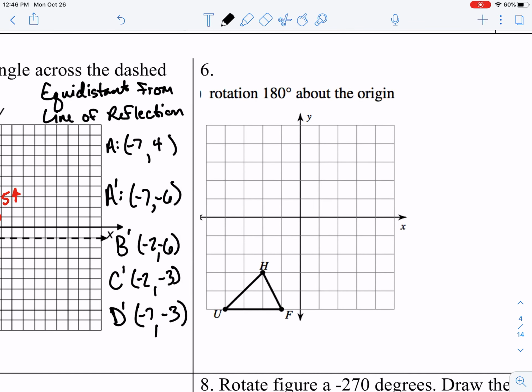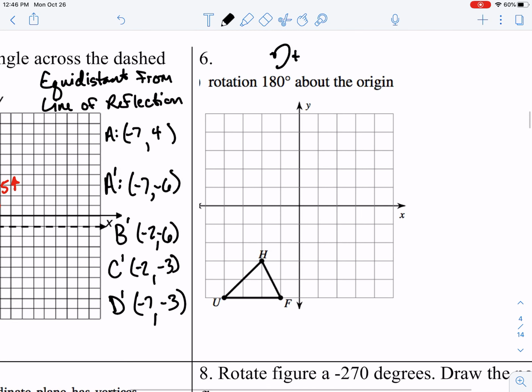This one, we're going to rotate 180 degrees about the origin. If it doesn't tell you the direction, so counterclockwise, clockwise, you need to look at your sign. In this case, I don't see a negative, so I'm going to go to the left because it's positive. And again, I'm not going to do all 3 of these points.